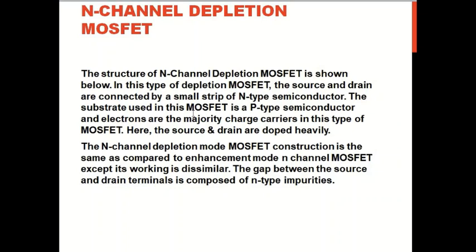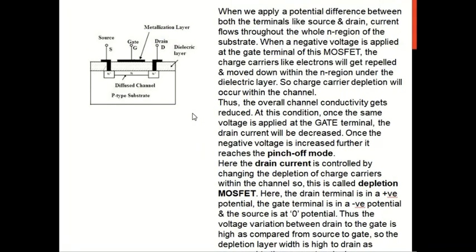In the N-channel depletion type MOSFET, the construction is the same as the enhancement type, but in the enhancement type the working is dissimilar. The gap between the source and drain terminals is composed of N-type impurities rather than P-type impurities.